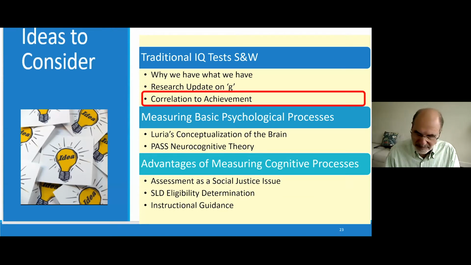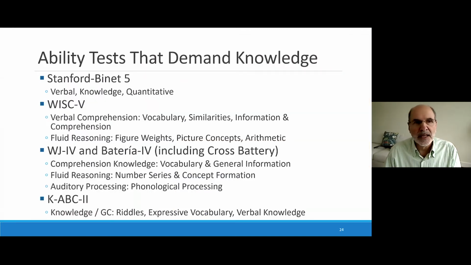Now, one of the considerations that we have to think about is this whole issue of test content. All the ability tests shown here have a tremendous amount of knowledge in them.